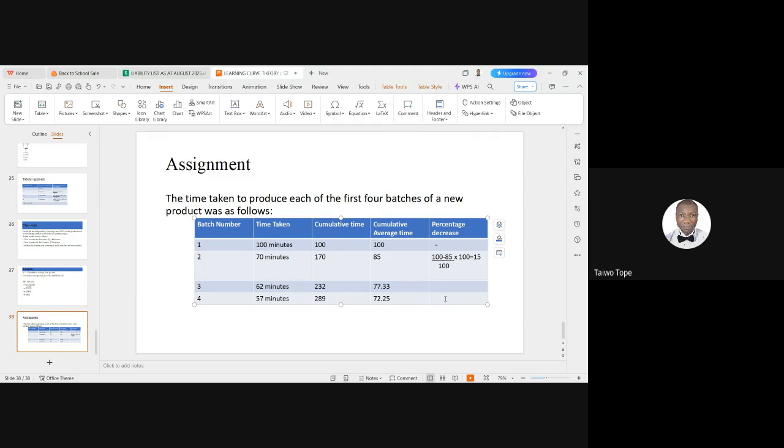It's not doubling. So the next will be what? 85 minus 72.25, which is 12.75, divided by 85. The result is what? 15%.